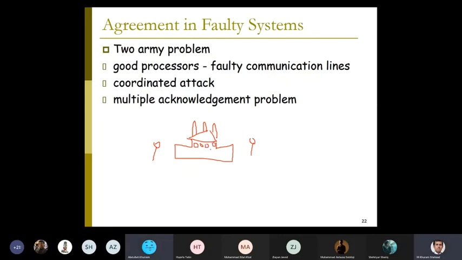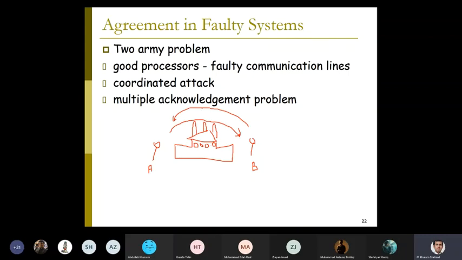So this is general A and this is general B, and they can communicate with each other. This is a two-way channel or two-way communication.